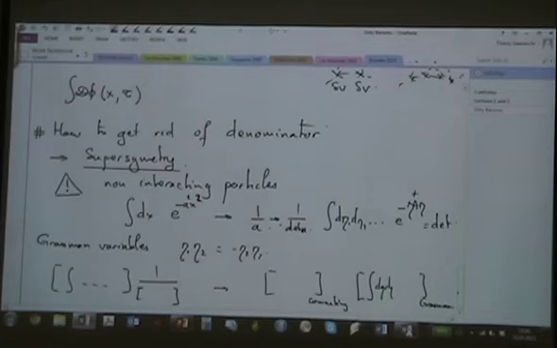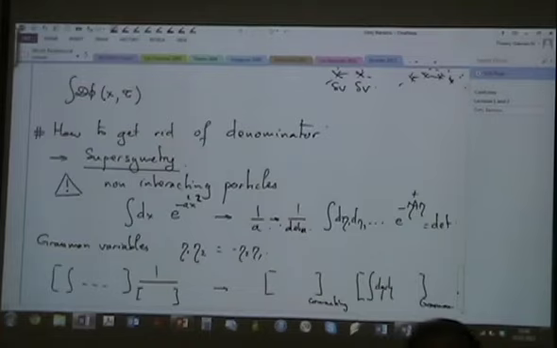Here it's really saying that something which is in a denominator can be written as an integral of something which is in a numerator, but you have to change the statistics. So for me it's a little bit different, but again, maybe it's a question of how you view it. By the way, you could imagine decoupling the interaction term with a Hubbard-Stratonovich transformation and then use supersymmetry, but the integrals over the extra field are not put in the right place and it doesn't work either. So it's really for non-interacting fields.